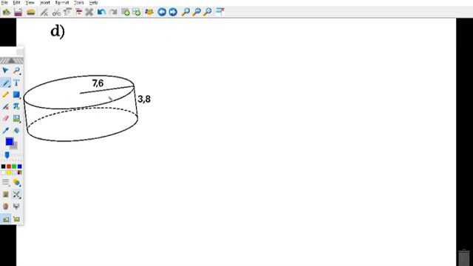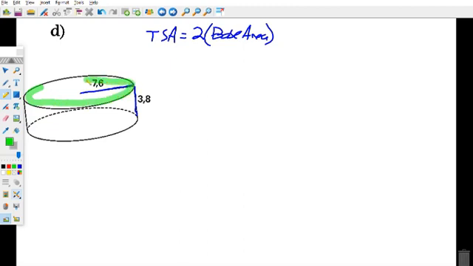So the next one we have here, again, it's a cylinder. We've been given the radius and we've been given a height. So we find the total surface area. The TSA is equal to 2 times my base area. My base area is going to be a circle. There's my circle, this is my base area.